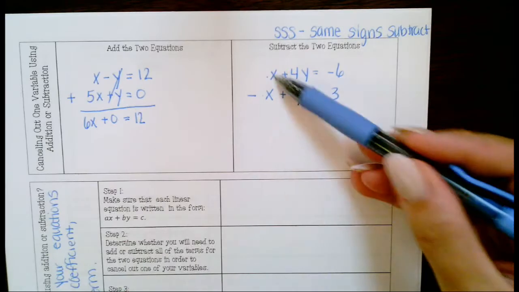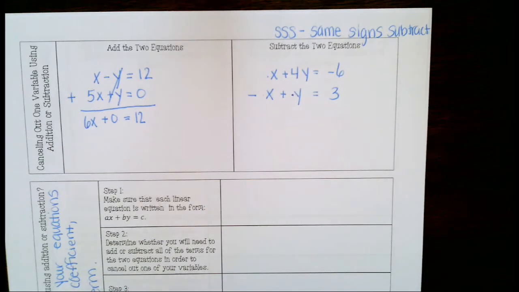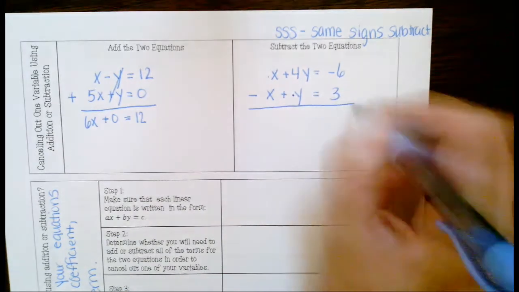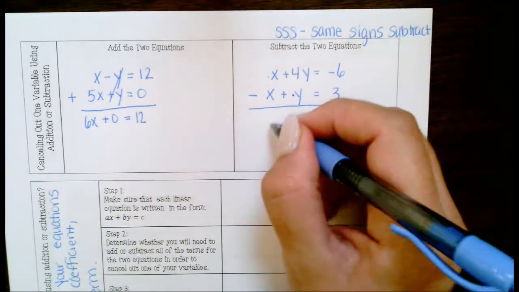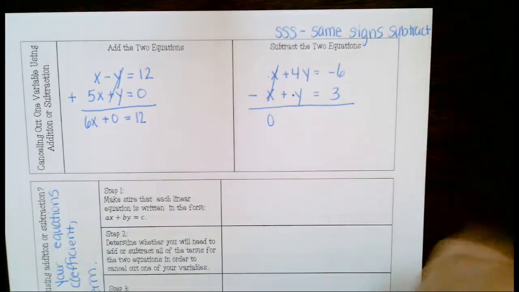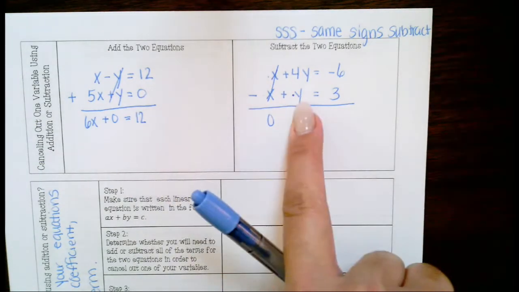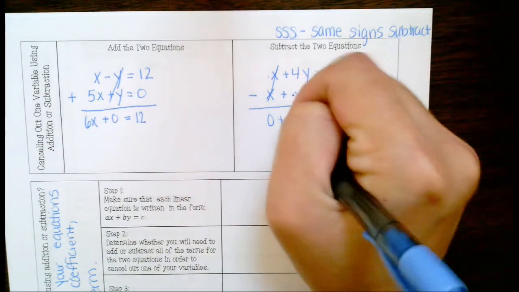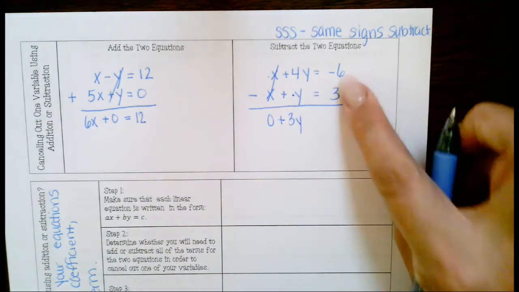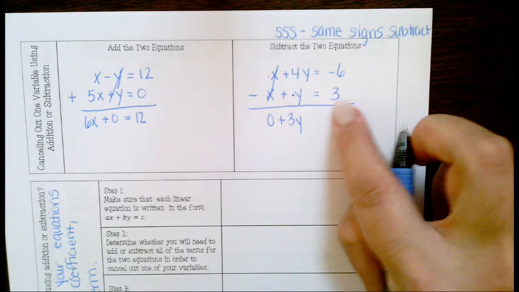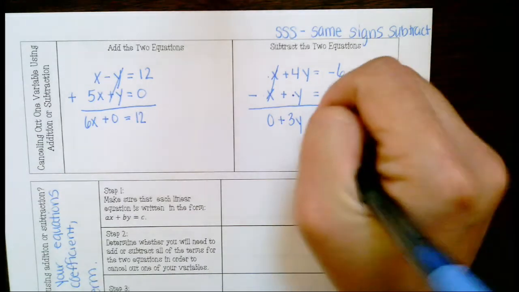So because both of these were positive, they had the same sign, we will subtract these two equations. X minus X, that eliminates. 4y minus y leaves me with 3y. And negative 6 minus 3 leaves me with negative 9.